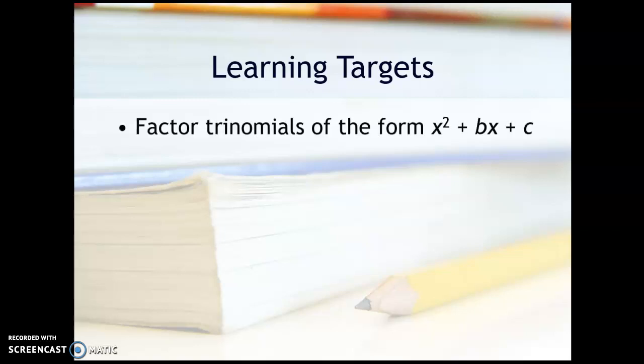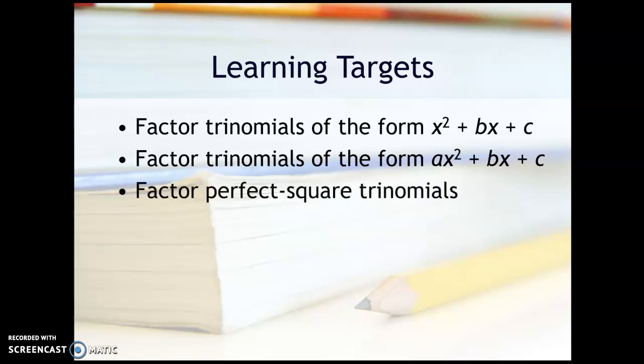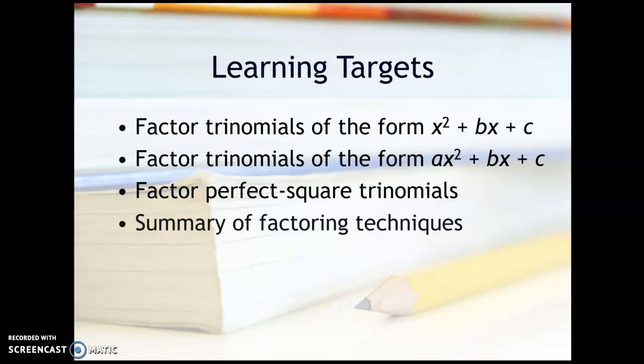So we want to be able to factor trinomials that are just in the form 1x squared plus something times x plus a constant. We also want to be able to factor trinomials that are in the form maybe y equals 2x squared plus something times x plus a constant. And then we'll talk about another special case, which is factoring trinomials that are known as perfect square trinomials.